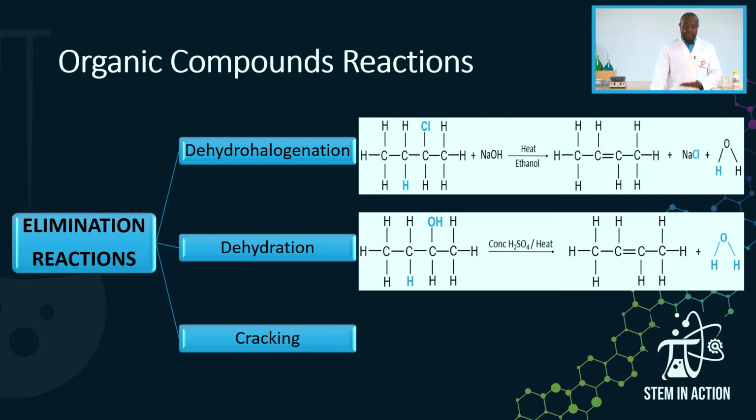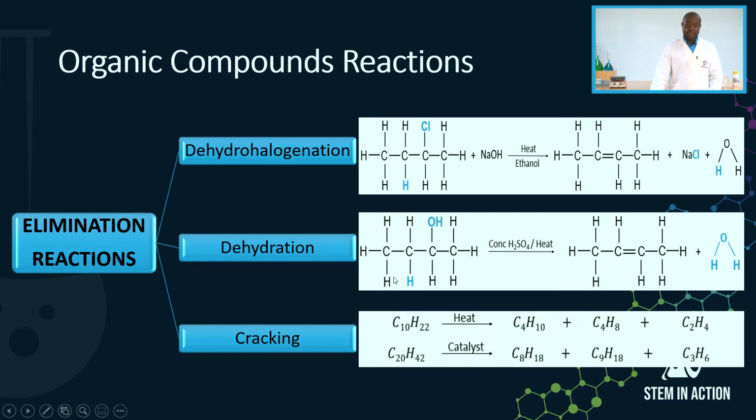Then dehydration is where we are removing water, so we are reversing a hydration reaction, and we are removing OH plus a hydrogen, which are bonded to two carbons next to each other, and we are forming a double bond. And the water that we remove comes out as one of the products. And for the reaction conditions, we need an acidic environment, and there's also heating involved.